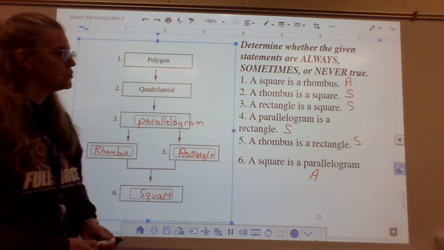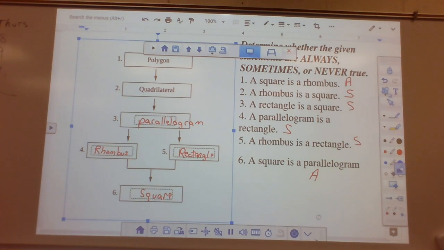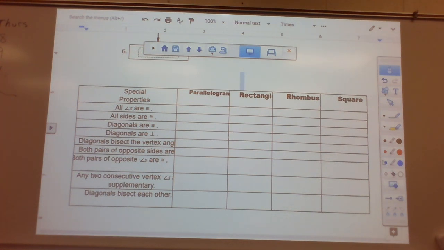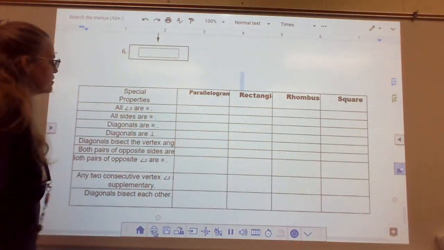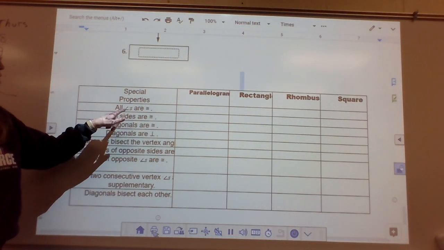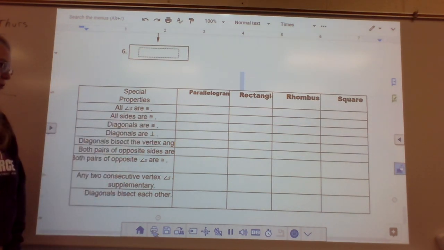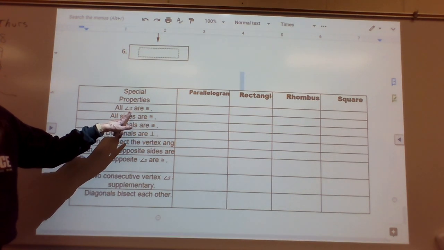Now I'm going to go ahead and scroll down to this chart. So on the chart, we're going to mark the things that we know. All angles are congruent. So we're talking about the angles being congruent. We're talking about those outside angles.